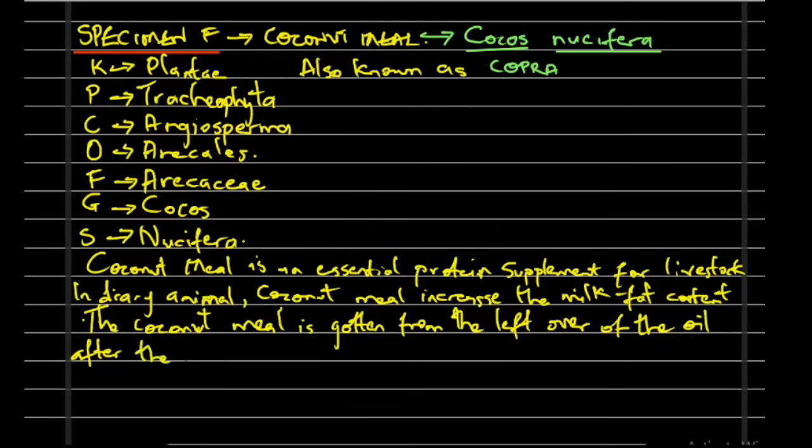After the oil has been extracted, that is basically how we get the coconut meal. The remnant, what is left after the oil has been extracted from the endosperm, is what makes up the coconut meal.